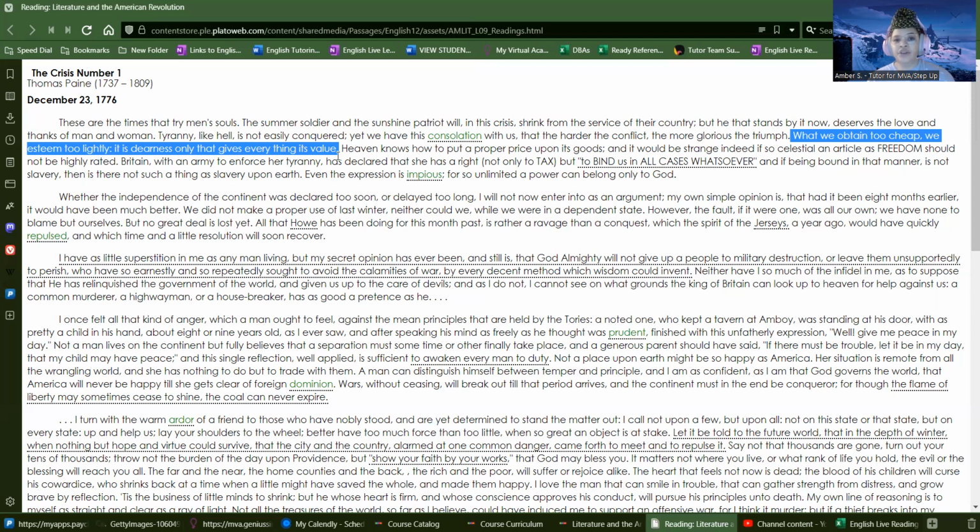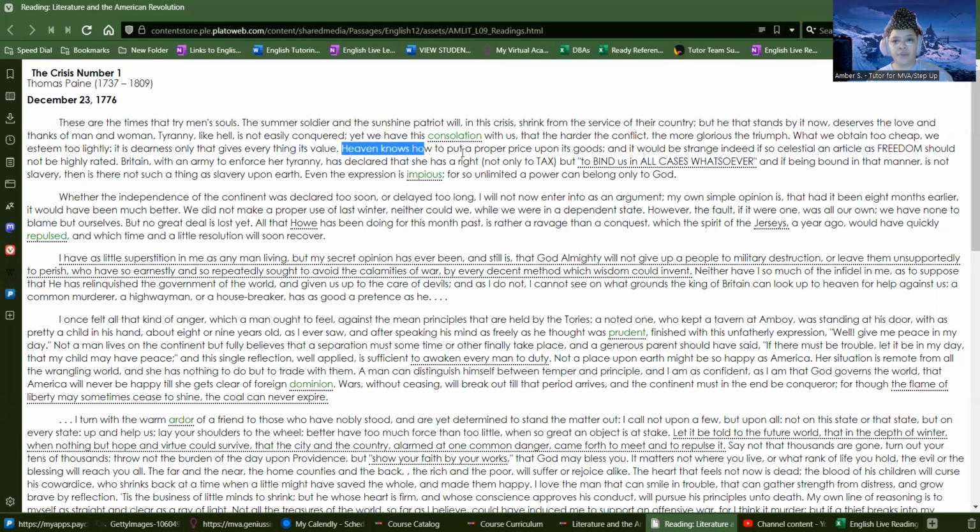And that it's dearness that gives everything its value. So the things that you fight hard for are the things that you actually value the most. And he's basically making this point to argue that, yes, fighting for freedom for America is hard, but it's something that is actually worthwhile. And if we have to fight for it, then we're going to care for it just as much because of everything we had to sacrifice to get it.